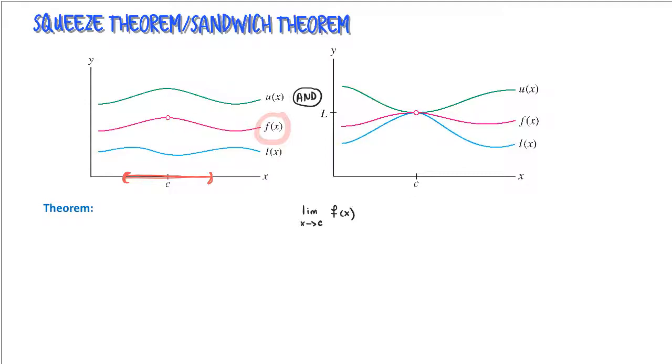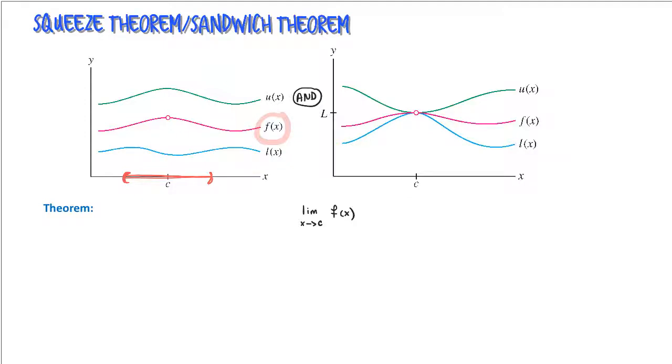And because of that, since around c, U and L are squeezing f of x, then f of x will behave in the same way as U and L behave.